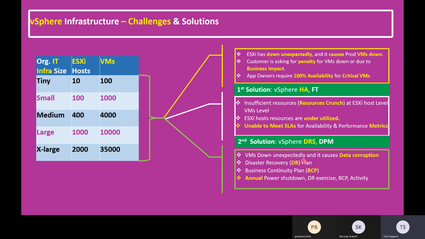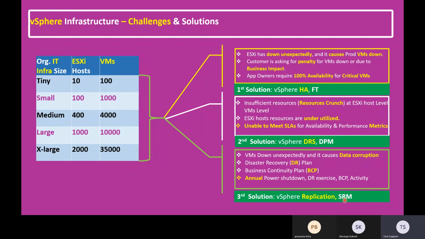And for virtual machines going down unexpectedly, or any disaster recovery plan or business continuity plan, we go for replication and SRM. vSphere Replication and SRM are official VMware tools, but in real-time scenarios, most companies depend on their customer requirements. Based on my previous experience, companies may have their own individual backup tool.